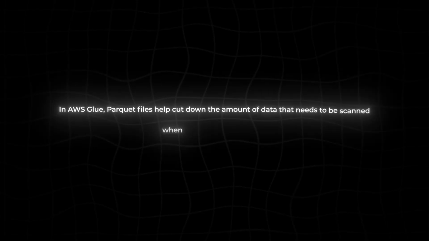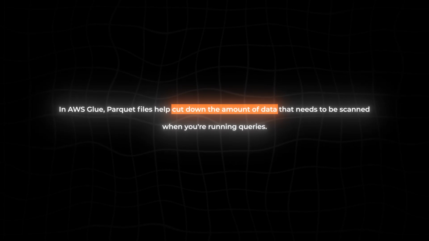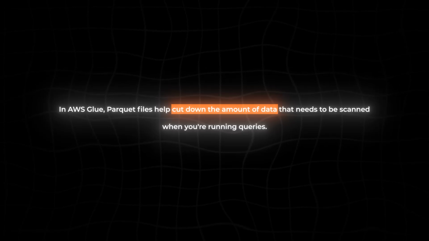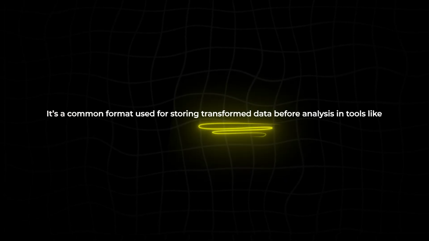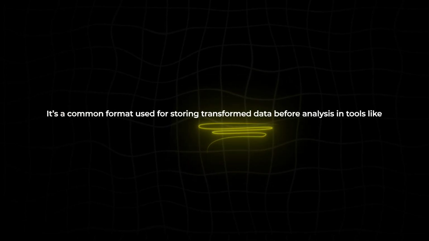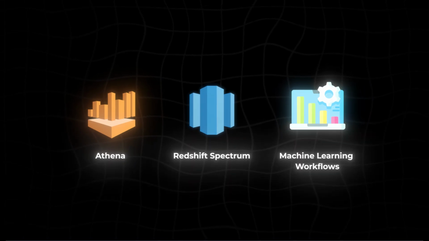In AWS Glue, Parquet files help cut down the amount of data that needs to be scanned when you're running queries. This makes everything faster and cheaper. It's a common format used for storing transformed data before analysis in tools like Athena, Redshift Spectrum, or even machine learning workflows.